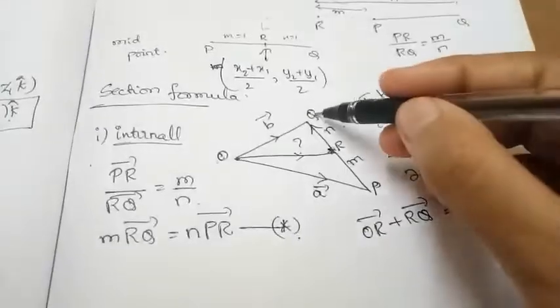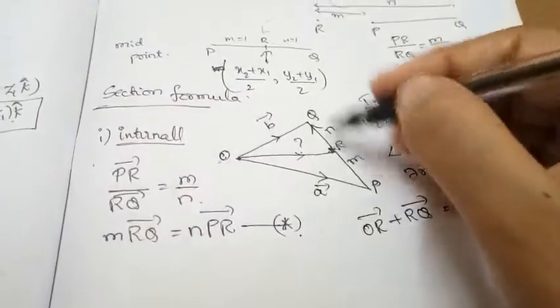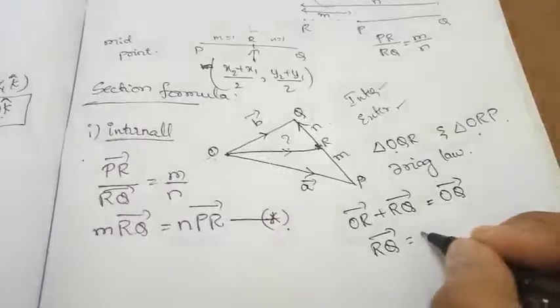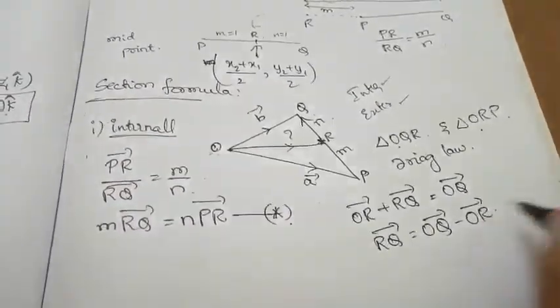What we require is vector RQ. So vector RQ is equal to vector OQ minus vector OR.